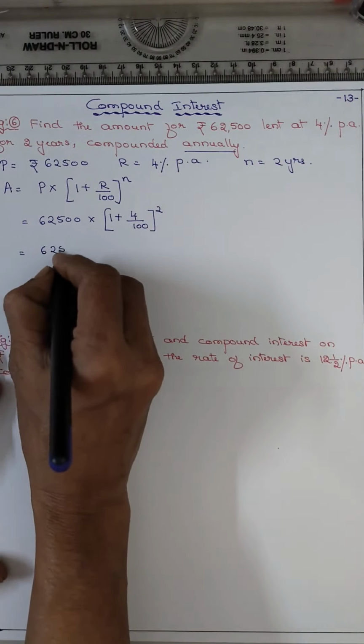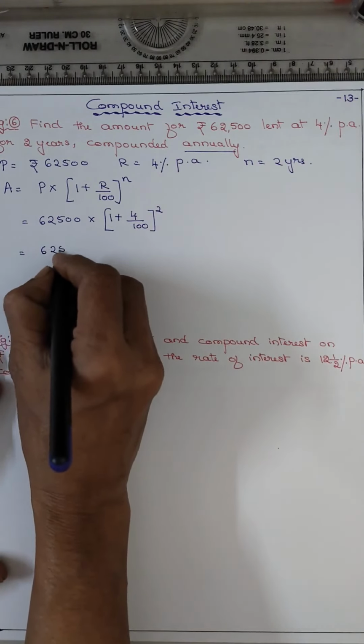So, P is equal to rupees 33,280, R is equal to 12.5% per annum. So, convert into the improper, 12 2s are 24 plus 1, 25 by 2% per annum, and N is equal to 3 years.